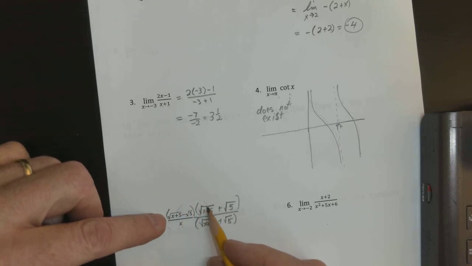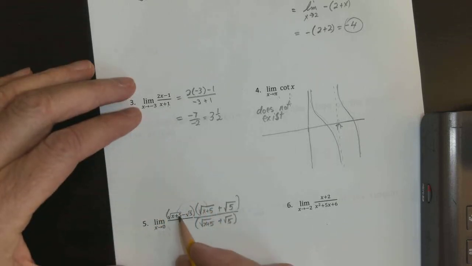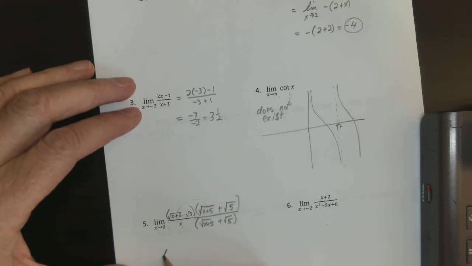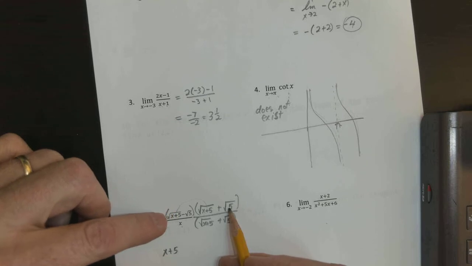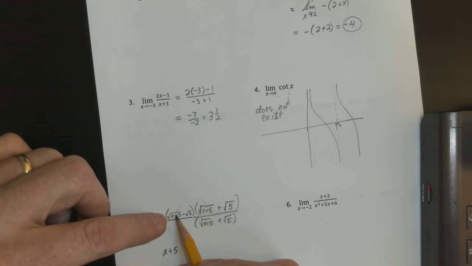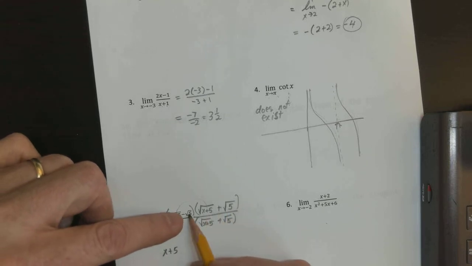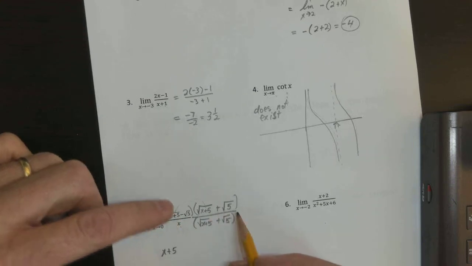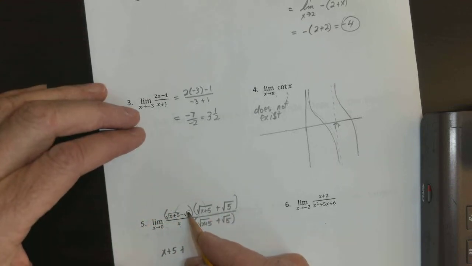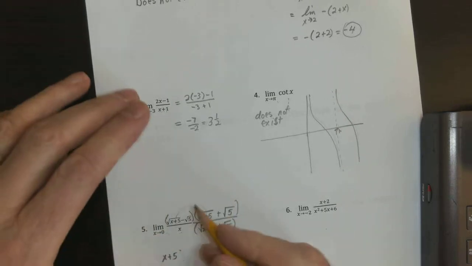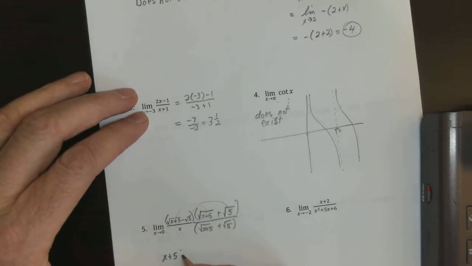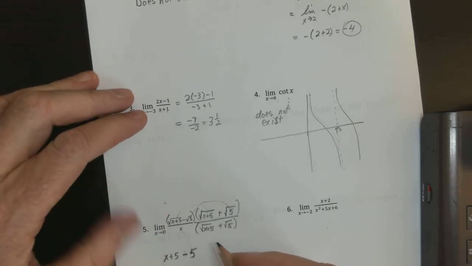Okay, so square root of x plus 5 times square root of x plus 5 is x plus 5, and then this would be square root of 5 times square root of x plus 5. This would be negative square root of 5 times x. Those two are going to cancel out. Minus square root of 5 times square root of 5, which is 5.